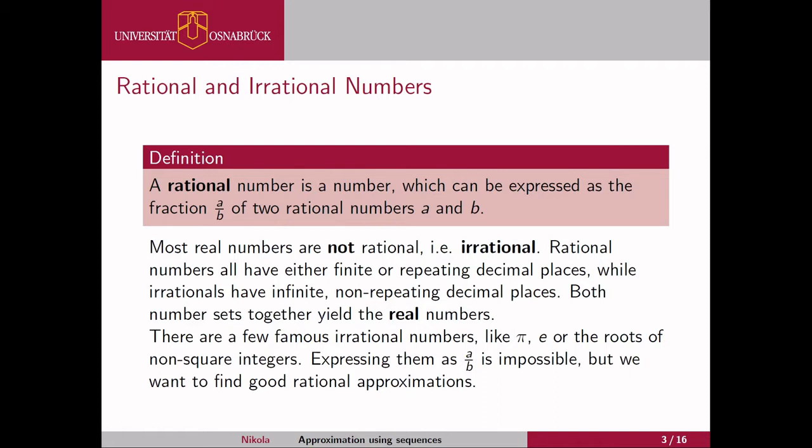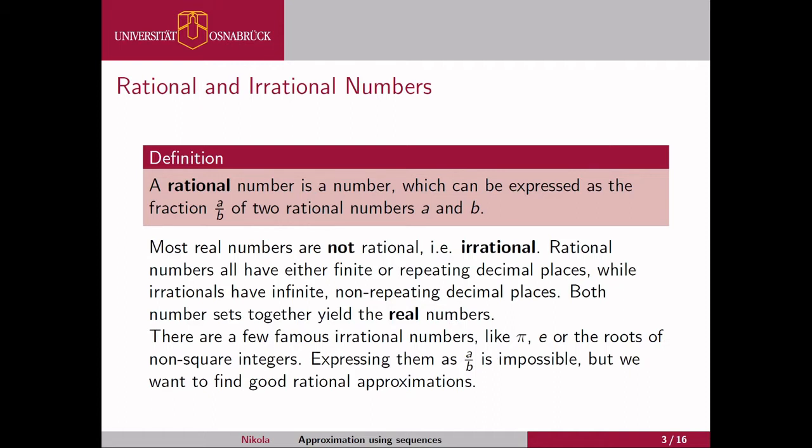Now, however, we have the problem that in mathematics, most numbers are not rational. In fact, there's a lot of very nice proofs showing that almost every number is irrational. Irrational means it cannot be expressed as the fraction of two integers, and in practice, this means that if you write out the number as a decimal number, you get infinite and non-repeating decimal places.